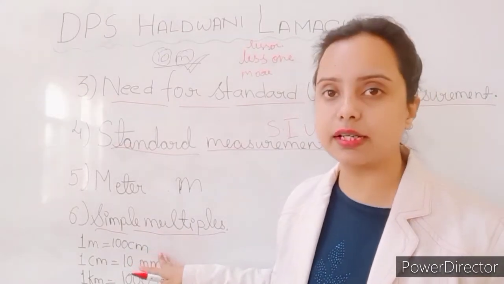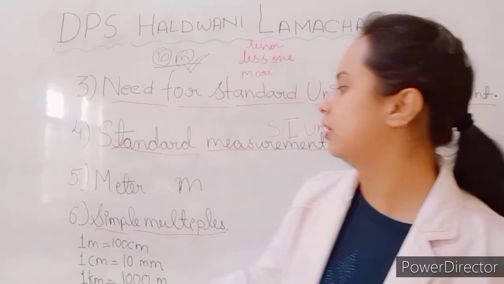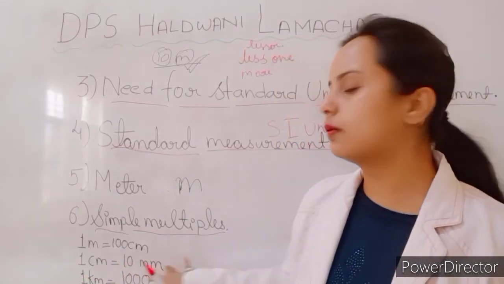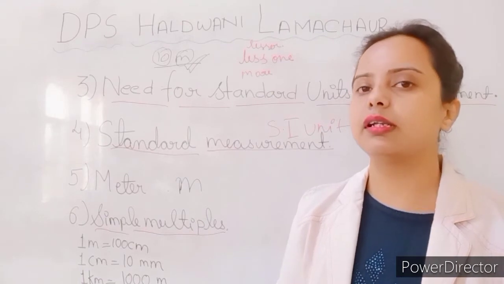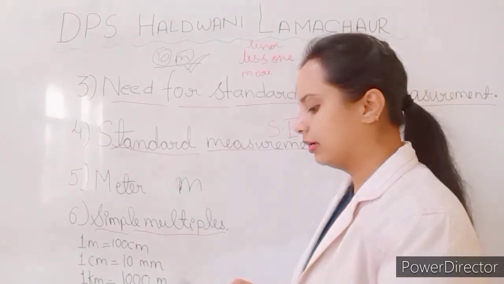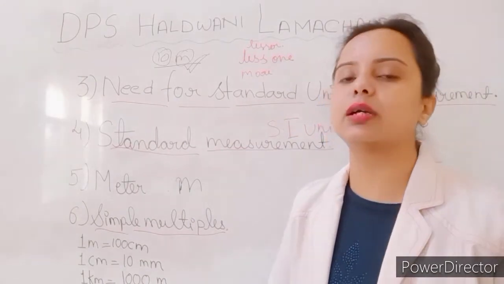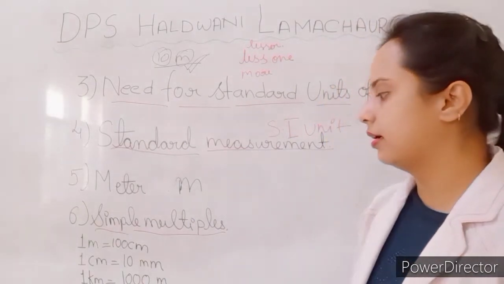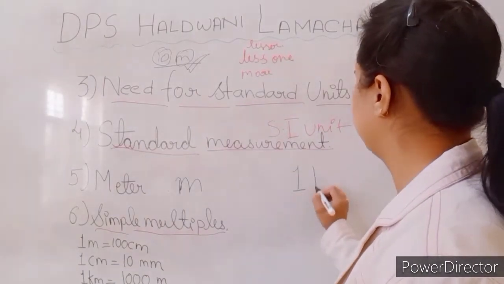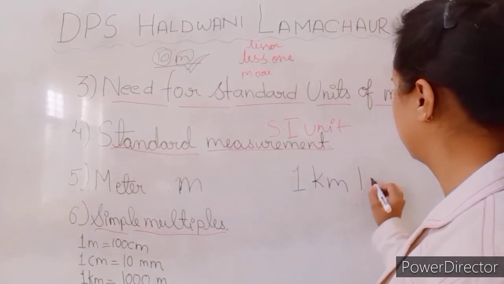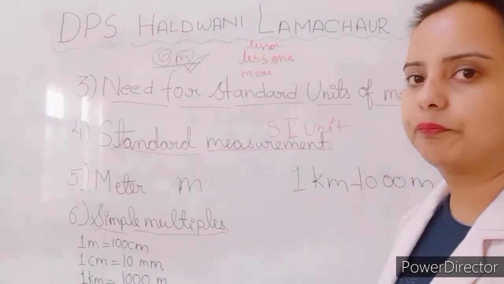That is 100 centimeters. 1 meter is equal to 100 centimeters, and 1 centimeter is equal to 10 millimeters. Okay, and 1 kilometer is equal to 1000 meters.